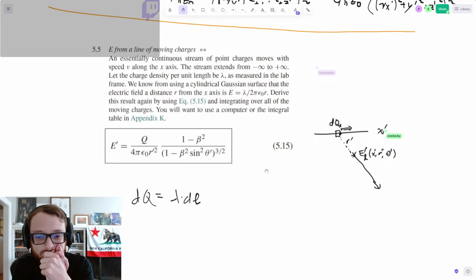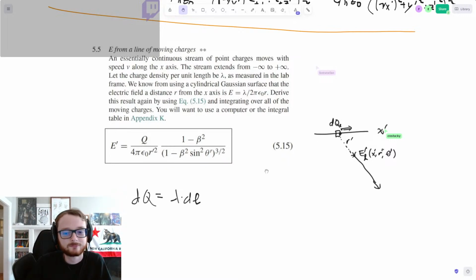The two middle cases were where either your charge was fixed and you were moving, and you were trying to see how the field looked from your moving frame, or your frame was fixed and there was a charge that was moving. I kind of felt like those 2 things should have been the same problem, just flipping the coin over. But I'm not sure if that's true or not.